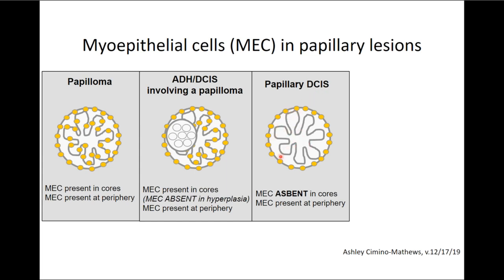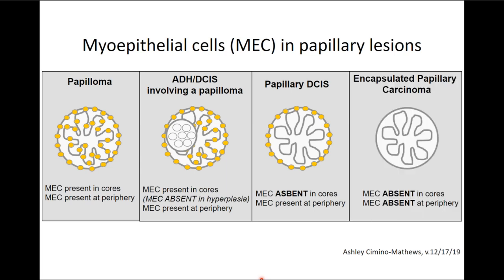But within those fibrovascular cores now, we no longer see the myoepithelial cells. This is because it's a clonal neoplastic proliferation, and now those cells can grow, if you will, without the myoepithelial cells in that structure.